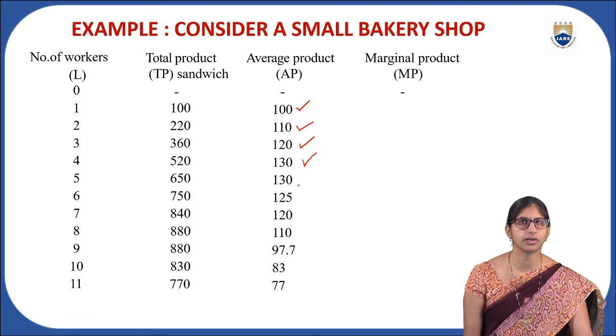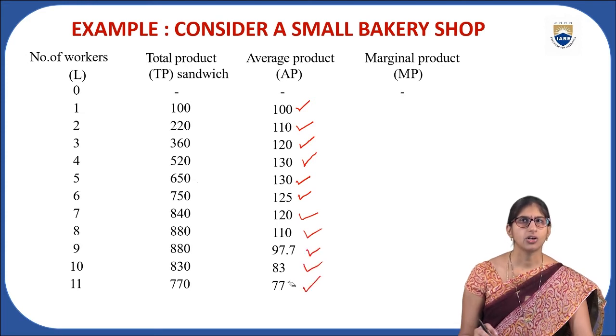You can observe this, right? From here onwards, though we are adding our input factor, that is labor, our production is continuously decreasing. So this is all about the average product.